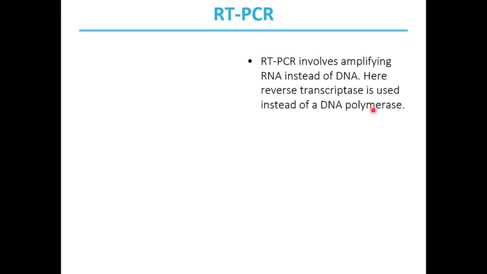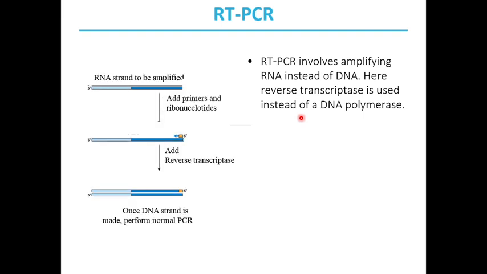Here, reverse transcriptase is used instead of a DNA polymerase. In the case of RT-PCR, an RNA strand is usually amplified in the beginning. The technique is very similar to PCR in the sense that when an RNA strand is amplified, primers are added and ribonucleotides are included in the reaction mixture.